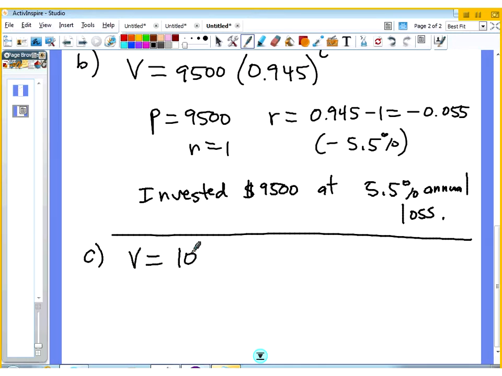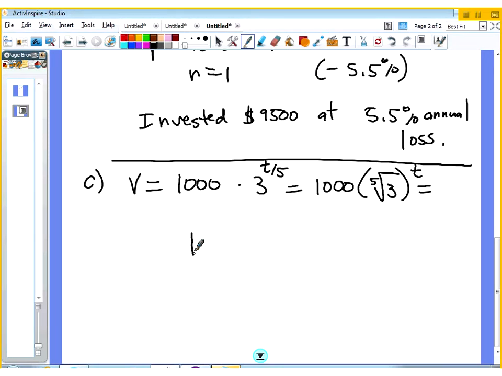Part C, our value is 1,000 times 3 to the t divided by 5. So we need to convert this to look like our formula. We could actually rewrite this as the 5th root of 3 to the t power, which is actually 1,000 times 1.2457 to the t power.